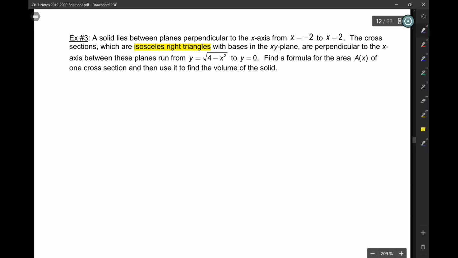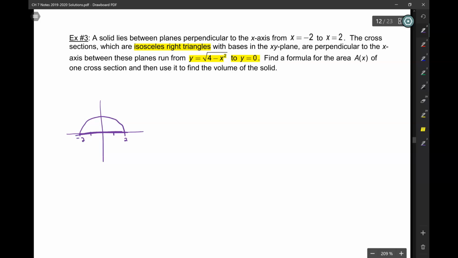At this point, when you see the square root of 4 minus x squared, you should know that that's a semicircle, to y equals 0. So, let's draw this thing. That's what it looks like. So we go from negative 2 to 2, and then y equals 0 here.